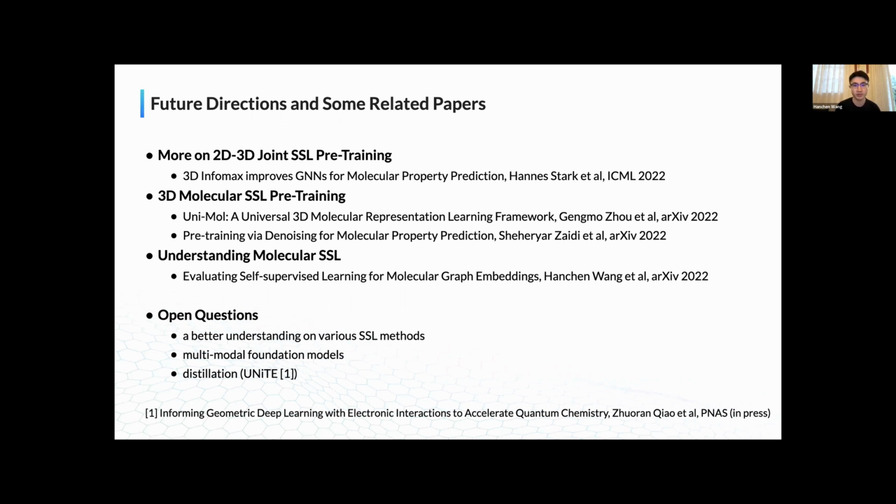There are still a few open questions that are not answered, such as, can we have a better theoretical understanding of why the different self-supervised learning objectives are, let's say, complementary or can help with each other? Is there a better framework to unify the contrastive and generative self-supervised learning? We tried in GraphMVP to use maximizing mutual information to explain, but we didn't find a good interpretation for that.